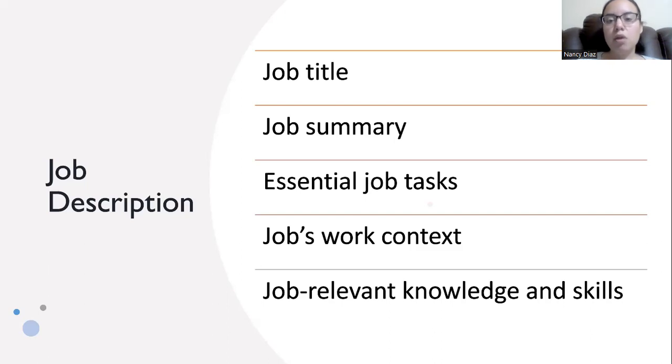It also requires background knowledge on local laws for state requirements, things that the employer must satisfy legally to ensure that they're providing the right compensation and benefits for the employees.